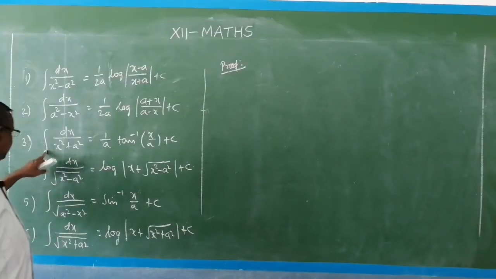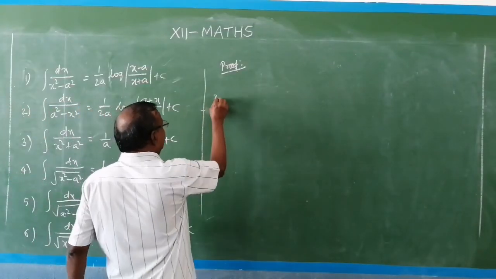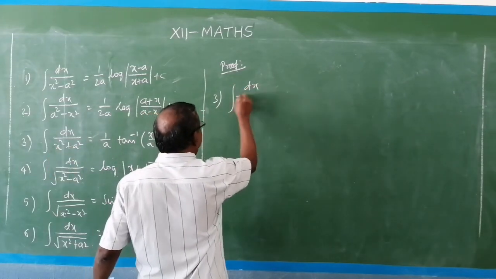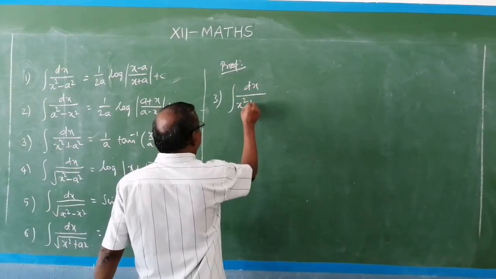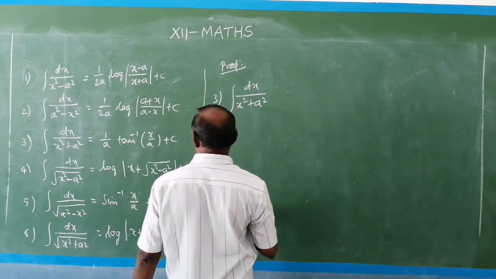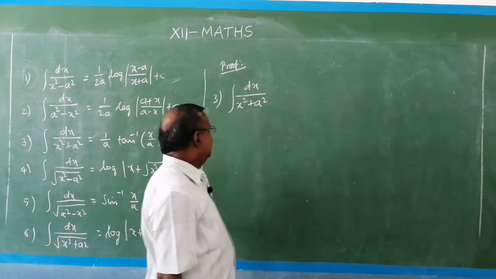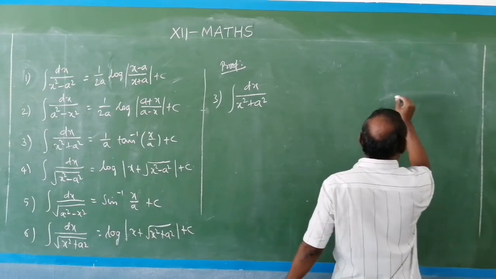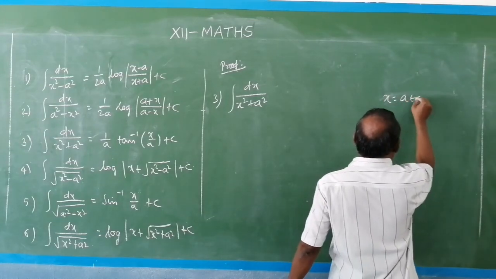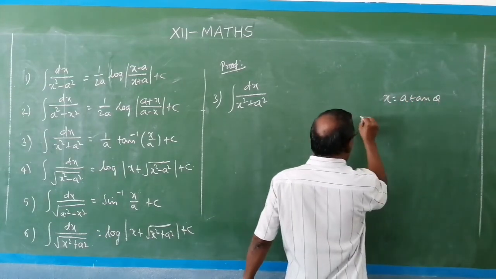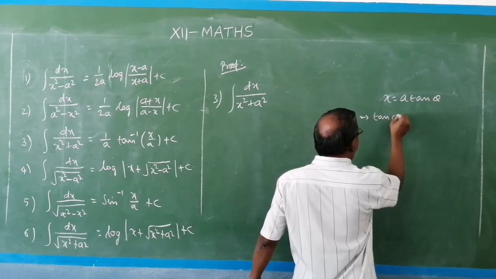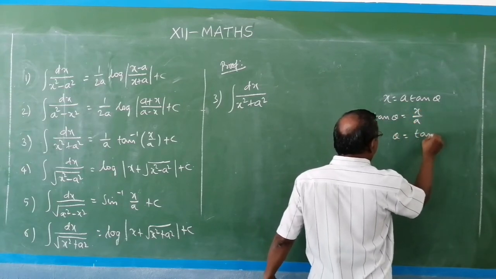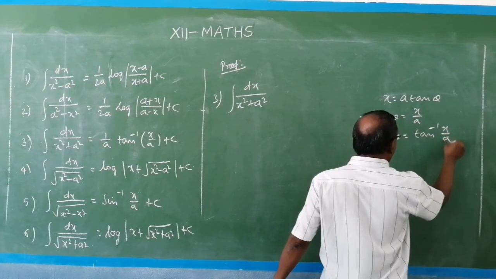Now the result is 3, integral dx by x square plus a square or a square plus x square. For this we have to put x equal to a tan theta, so that tan theta equal to x by a and theta equal to tan inverse of x by a.